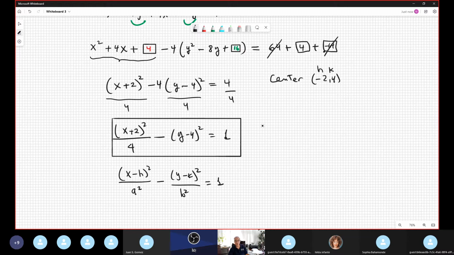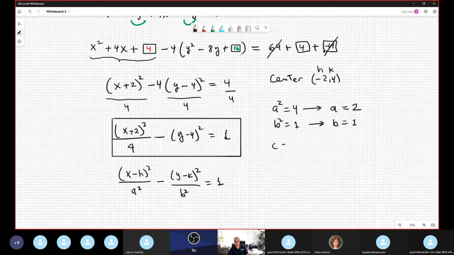Cool. Entonces es obvio, in my mind at least, que a squared es 4, therefore a is 2. And b squared is 1, therefore b alone is 1. And c, bueno, the formula for c in the hyperbola is different to the ellipse. It's the same letter c, but it's a different c.